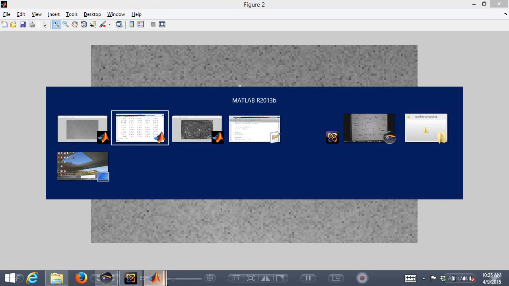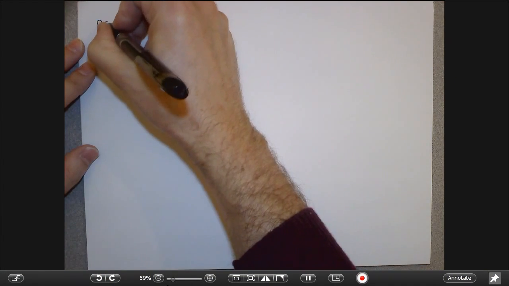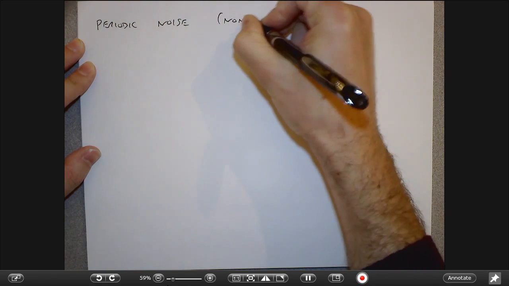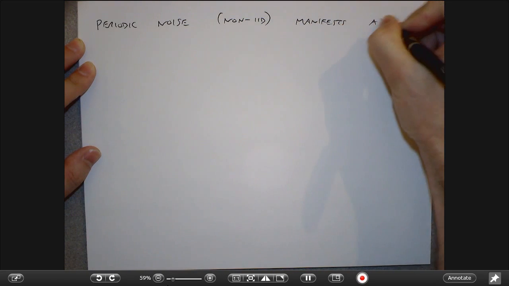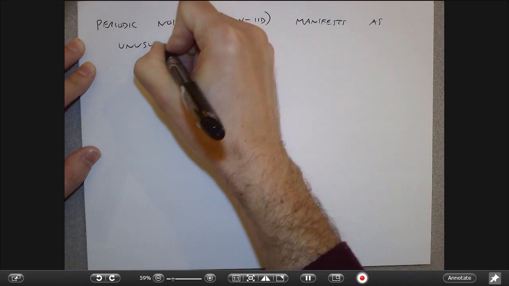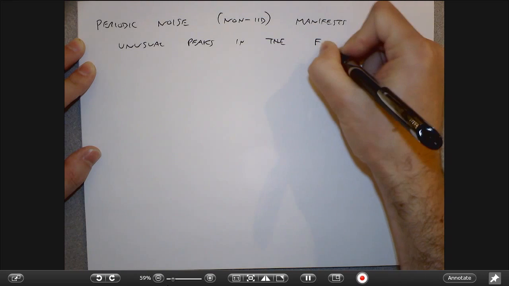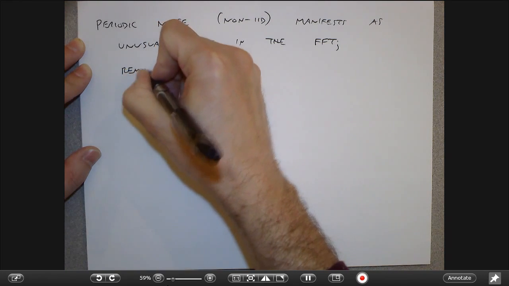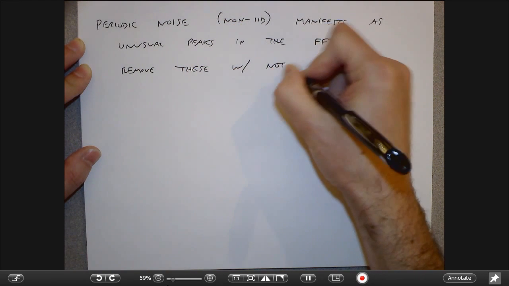The idea here is that periodic noise, which is non-i.i.d., manifests as unusual peaks in the FFT, and we can remove these with a notch filter.